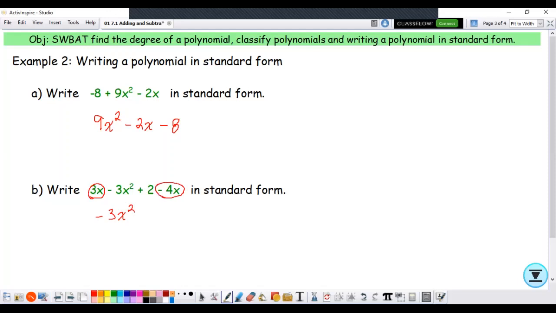So if we're simplifying an expression, we would combine 3x with minus 4x, which is a minus 1x or just minus x, plus 2. So if you have terms that have the same degree, if they have the same exponent, go ahead and combine them when writing in standard form.